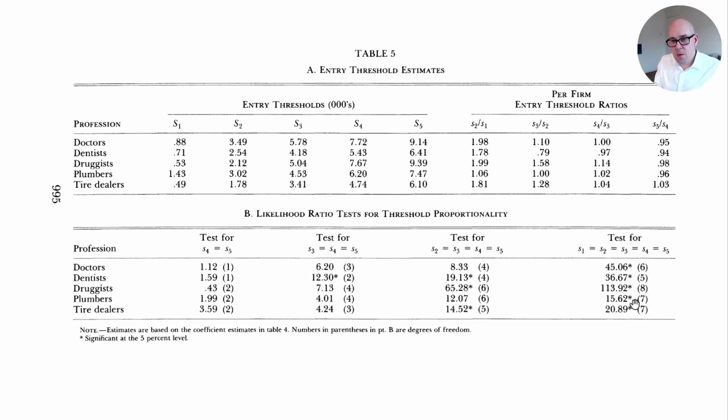And what you see is always a star when the hypothesis is rejected. So you see a rejection tentatively when 2 is included. Okay, so one way to interpret this, abstracting from dentists, where we see this rejection also here when 3 is included, is that 3 firms is enough.